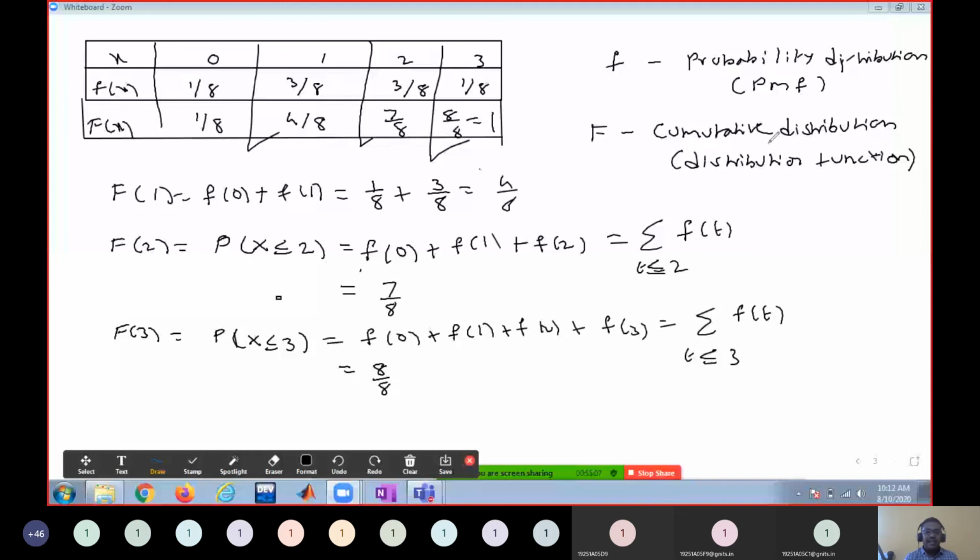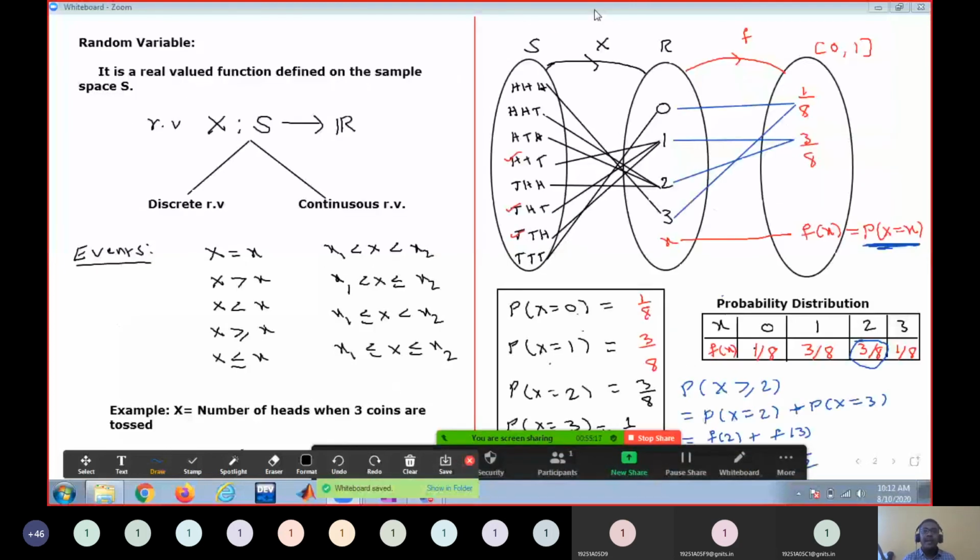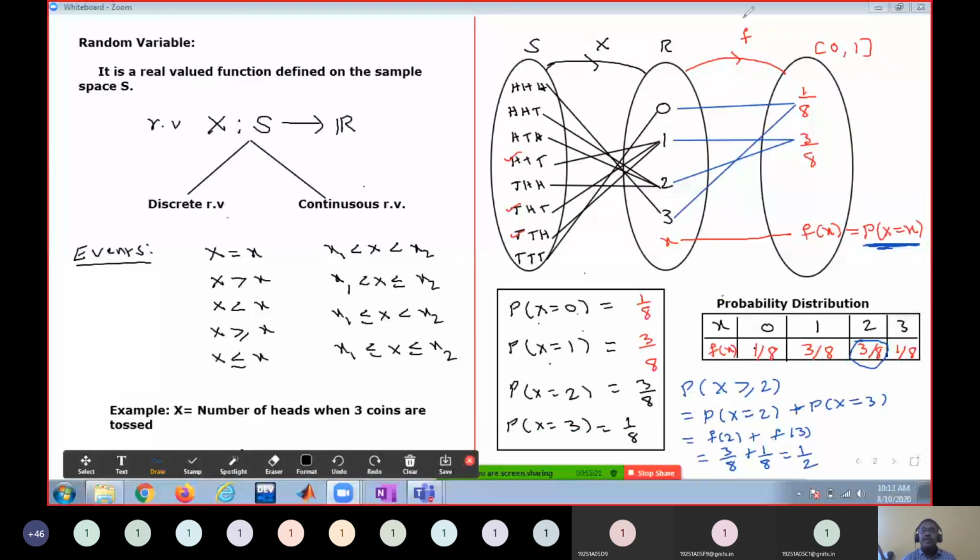So this is a very important concept. So far we discussed random variable and probability distribution. Corresponding to probability distribution, you have a probability function which is called a probability mass function.